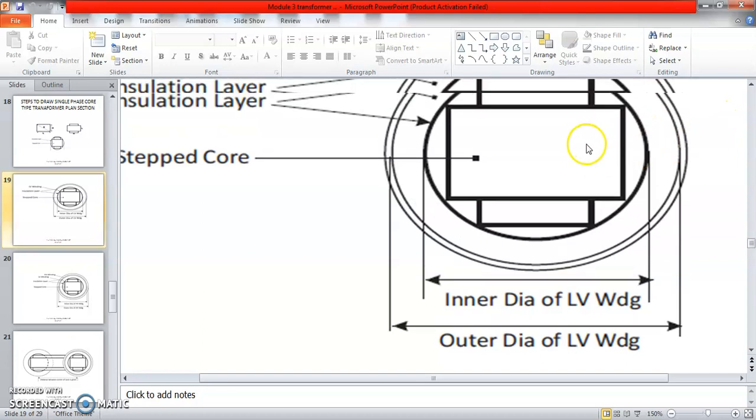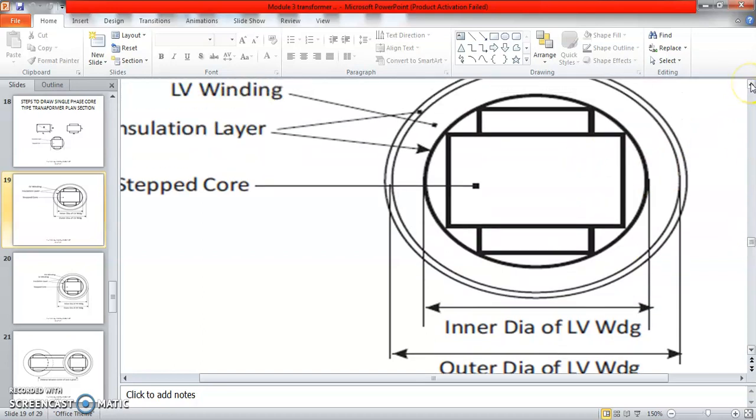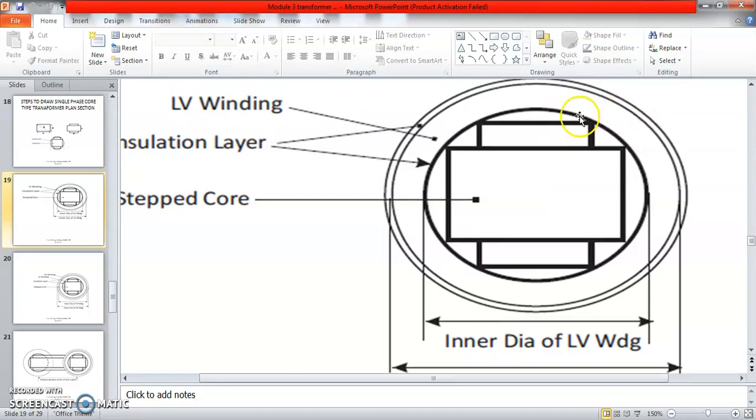Think that the diameter of the core is 24 centimeter and the inner diameter of LV is 25. Getting what I'm telling? Between 24 and 25 there is a 1 centimeter gap, that is insulation. So the inner diameter of LV is 25.